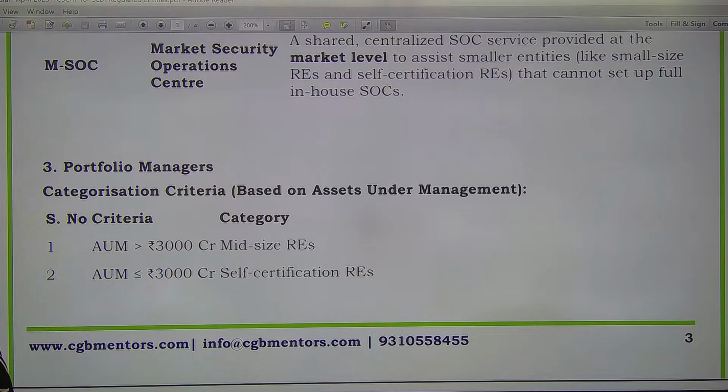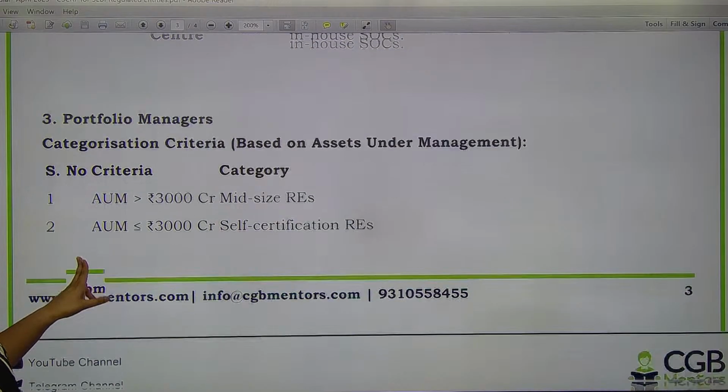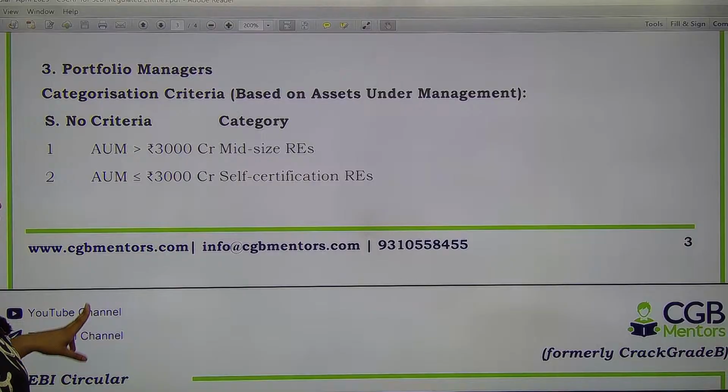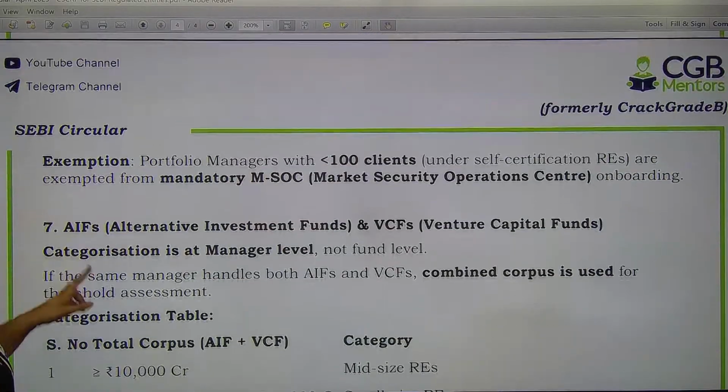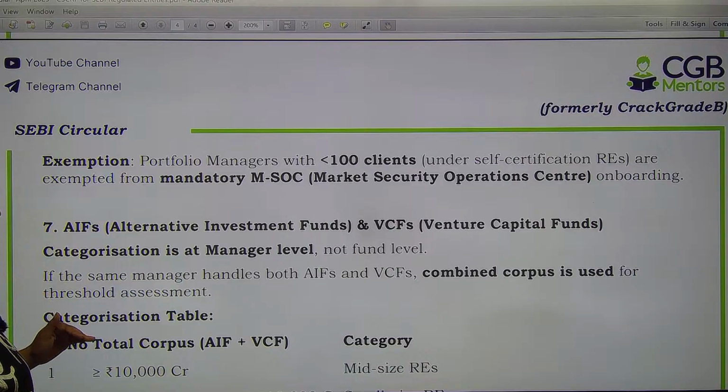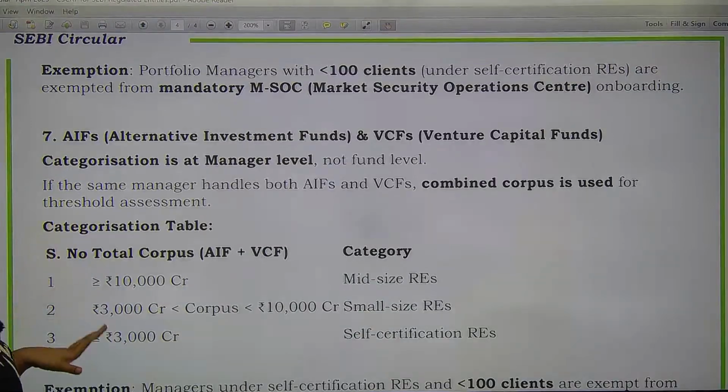If the asset under management is less than 3,000 crore, then self-certification would also be good, right? Portfolio managers who are having less than 100 clients, they are exempted from having this Market Security Operations Center for tackling the cyber security threat, right?